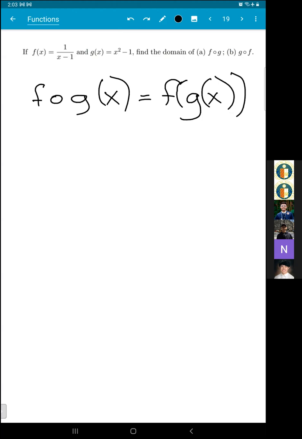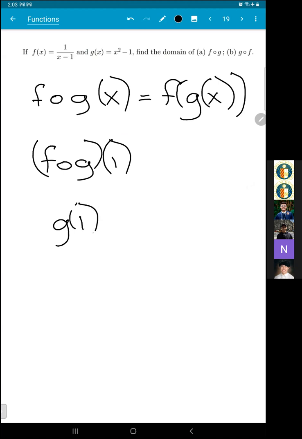For example, let's have f of g at 1. How do you evaluate this one? Sir, we plug in 1 in g, and whatever answer we get in g, we plug in f of x. Okay. So you first evaluate the inner function at 1. Given the function formula, that would be 1 squared minus 1, or 0.